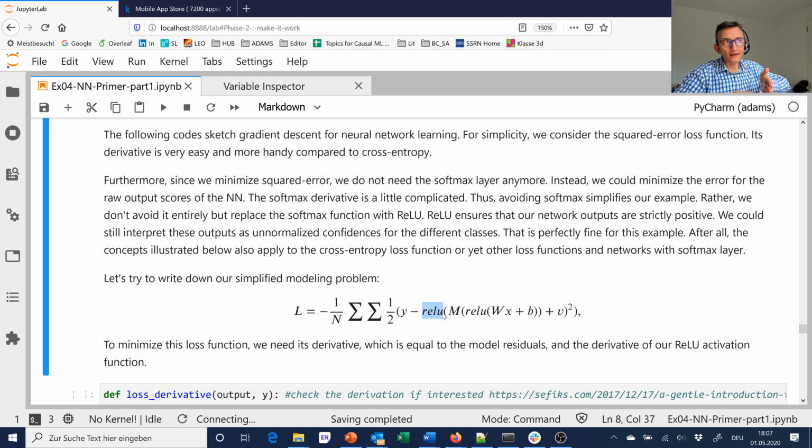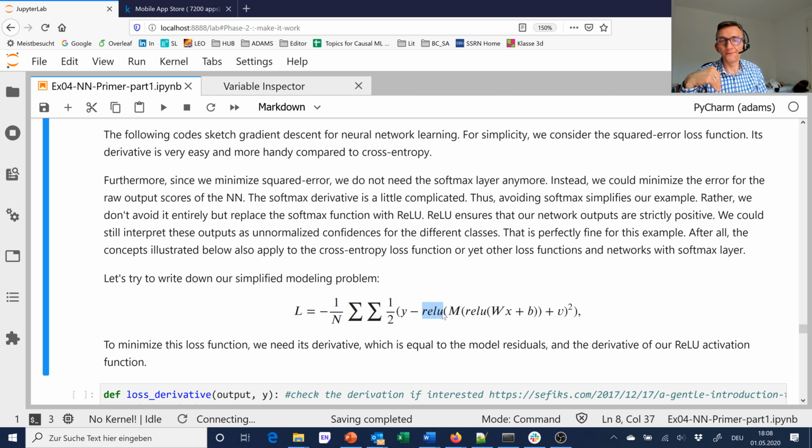But my network still has the 6 output units. So what do I actually hope for with these output units? I will interpret these 6 output scores of my network as the confidence of my model of how much a user will like that app.